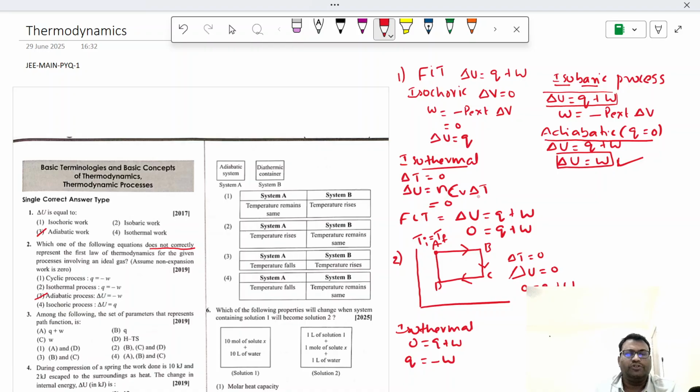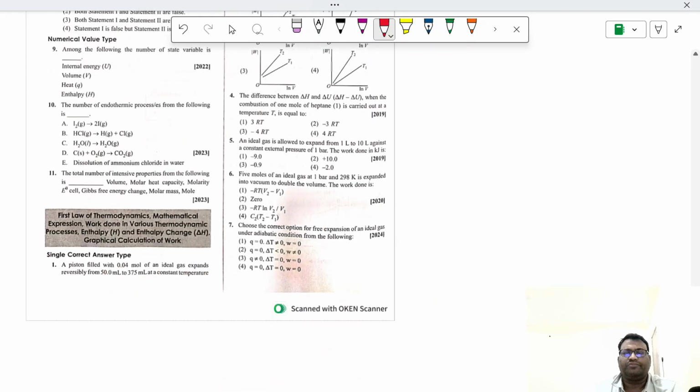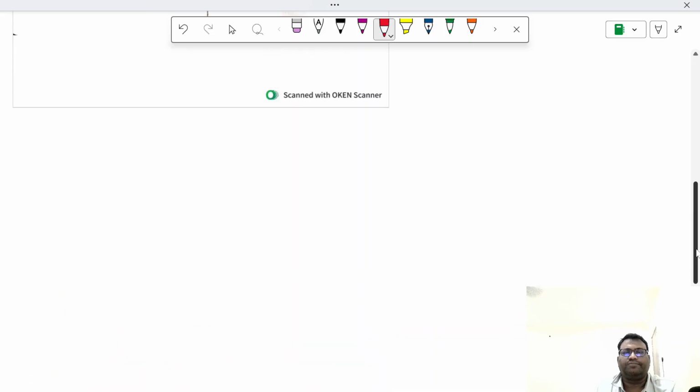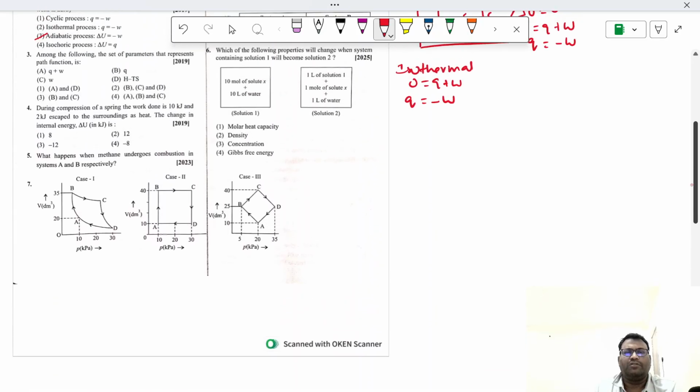Isochoric process. What is an isochoric process? Iso means same, choric means volume.